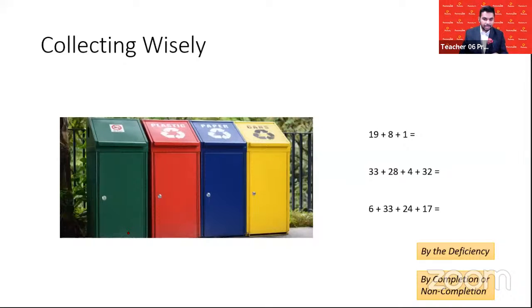You have to segregate some set of numbers together so that they collect together to form a base. So we are making use of this idea of segregation. I'll just help you with the first, the others you can do at home. So 1 plus 19, that would collect to the base, which is 20, and then 8 is there, 28.